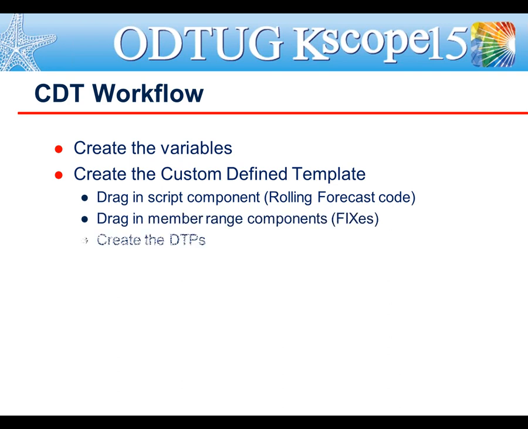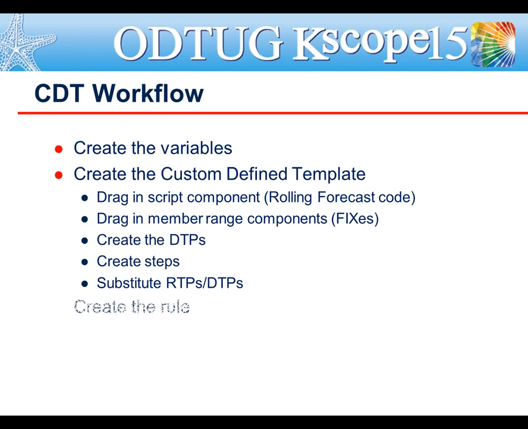We'll drag in member range components to create those additional outer fixes. We'll create the design time prompts. We'll create the steps and organize the design time prompts into the steps. Then in our code, we'll make substitutions for the runtime prompts and the design time prompts so that they're no longer hard-coded, so that they've got variables.